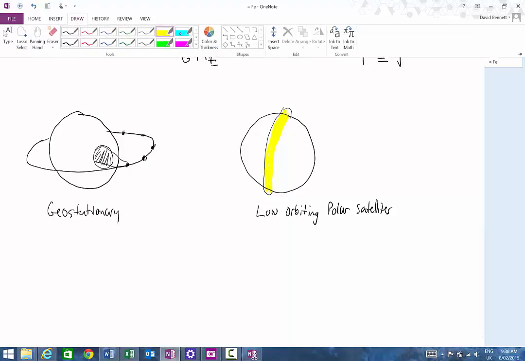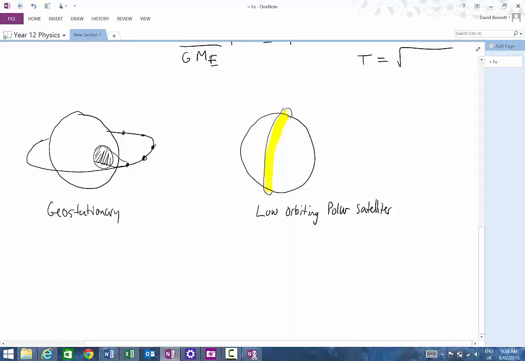The next time it goes over, the Earth will have rotated around, and it's going to sweep this band here. So you can use computer technology, and that's how you get a satellite picture. The stuff that you see on TV on the weather is a really useful way of tracking what's happening there.